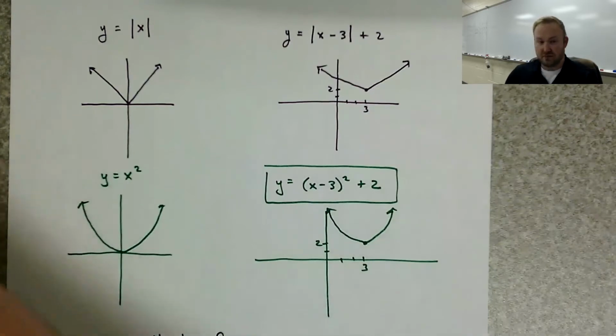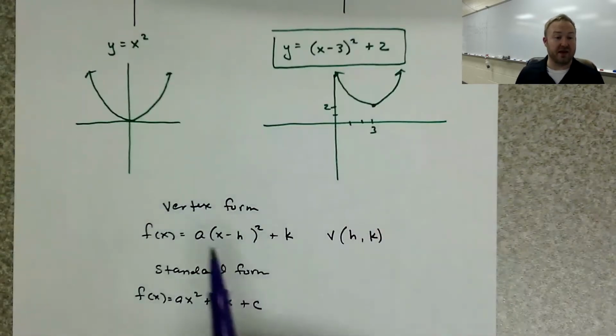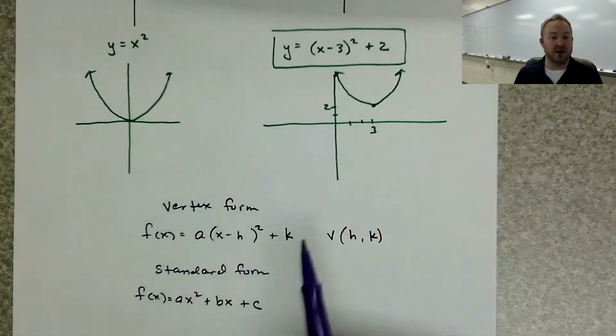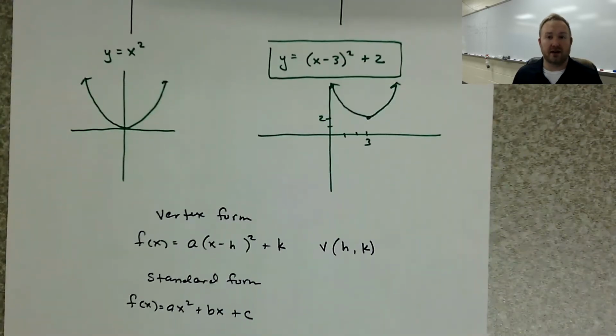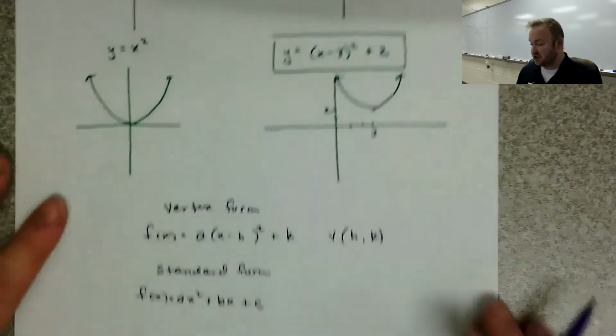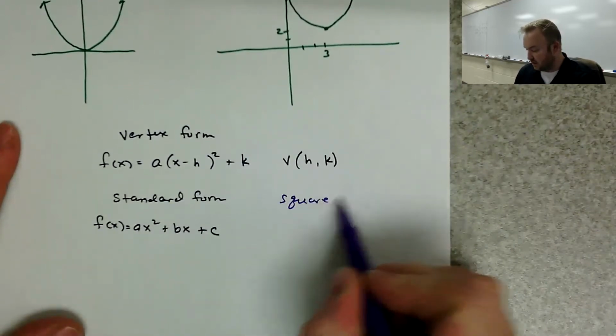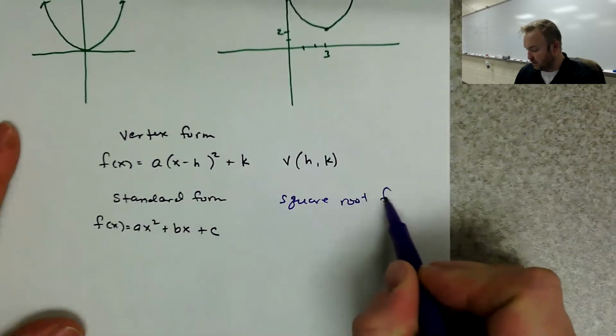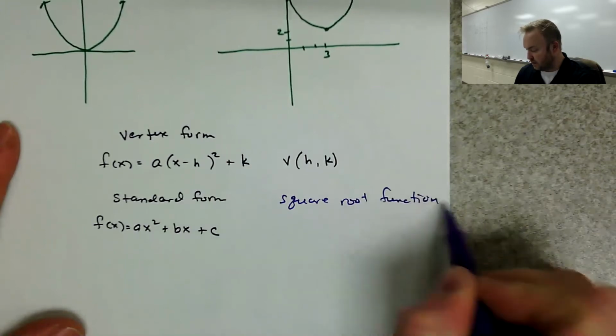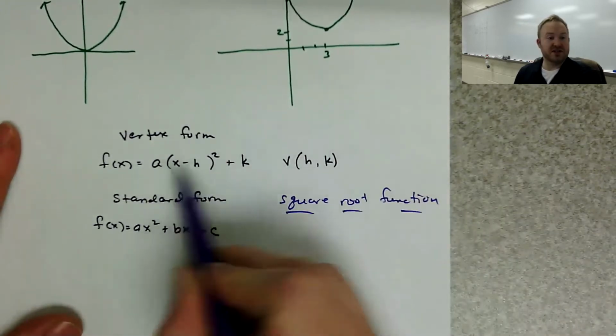Well, and then that led us to developing the vertex form for a quadratic function. Well, if it's a square root function, we can do the same thing. Right? We can really do the same thing.